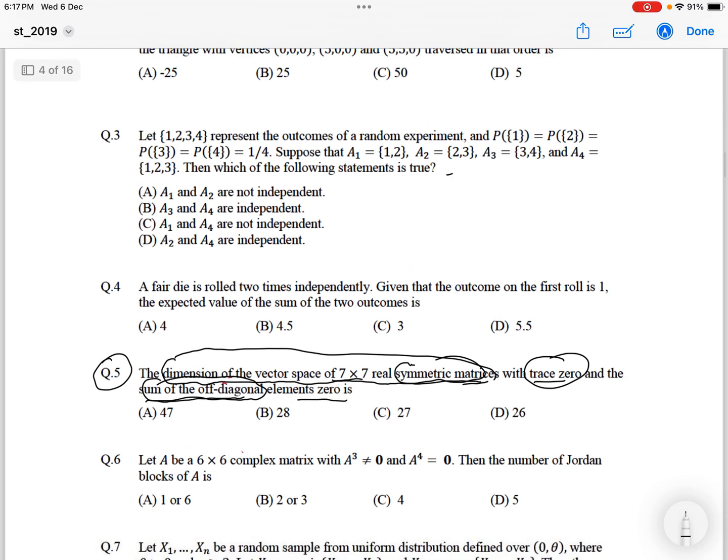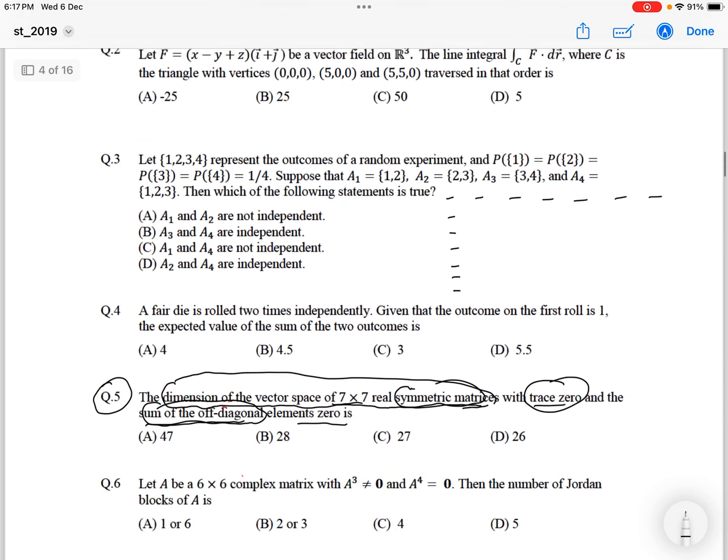Let's form a 7 by 7 matrix, with rows and columns 1, 2, 3, 4, 5, 6, 7. According to the given conditions, we will see how many elements we need to specify the matrix, and what elements can be derived from the given conditions.